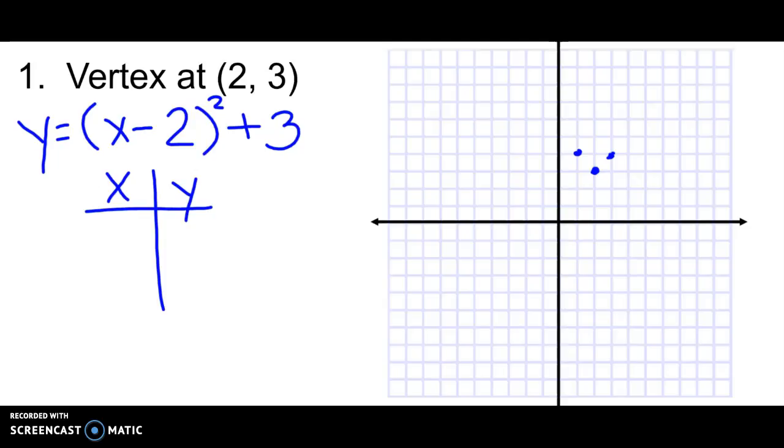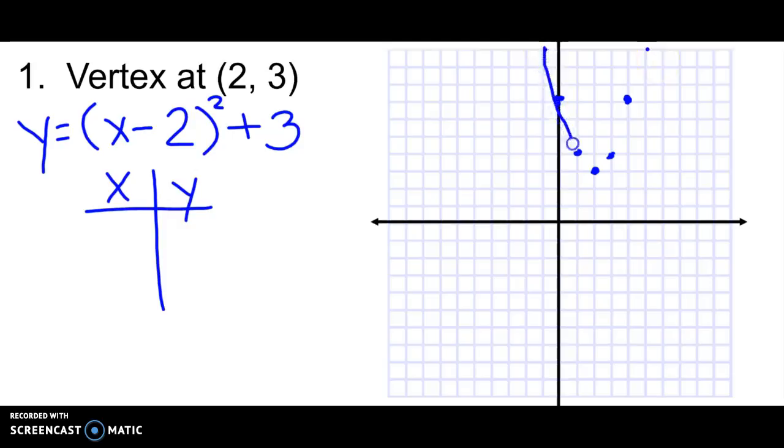And then you go over 2 and up 4 to get to the next point. That basically means 2 squared is equal to 4. So I'm going to do that for the next one. Over 2 and up 4. And then the last one is going to be over 3 and up 9. And I can't quite get there on my graph, so I'm just going to go a little bit like that.